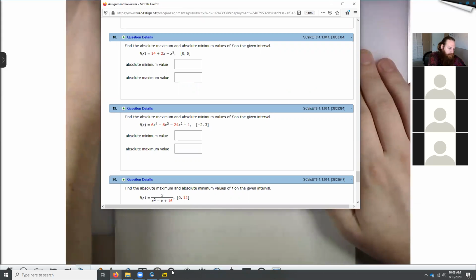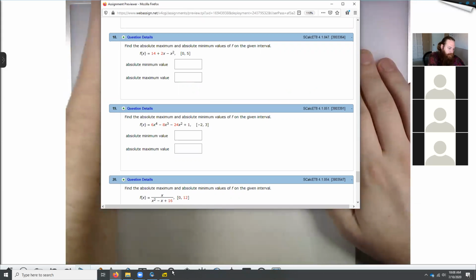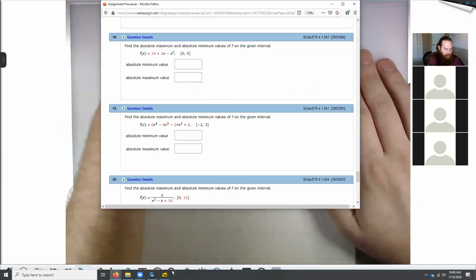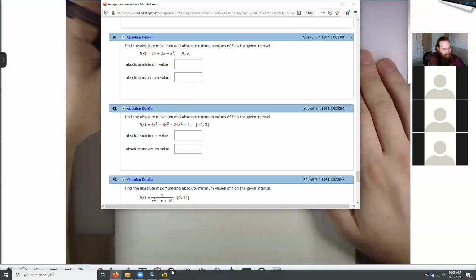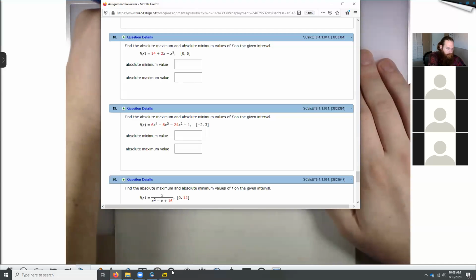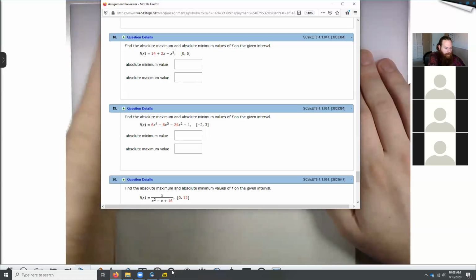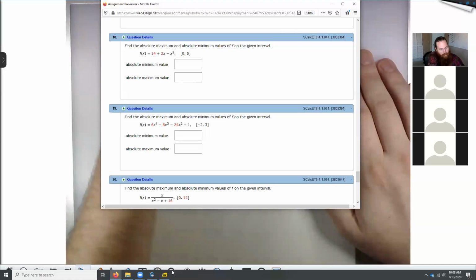Find and classify extrema for f of x equals 6x to the 4 minus 8x cubed minus 24x squared plus 1 on the interval -2 to 3.